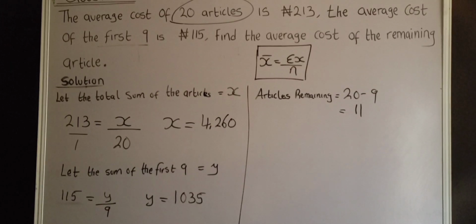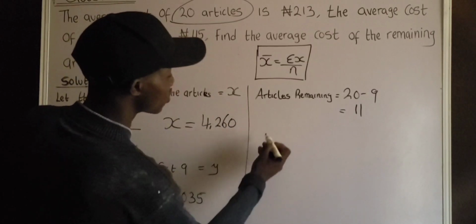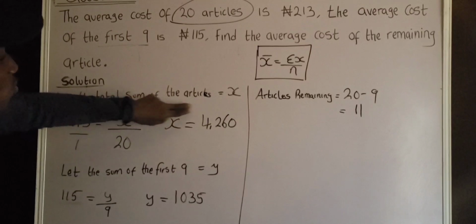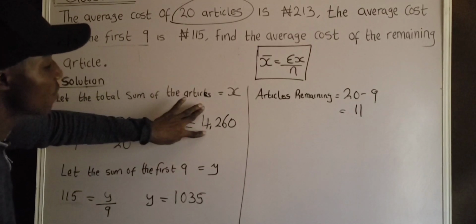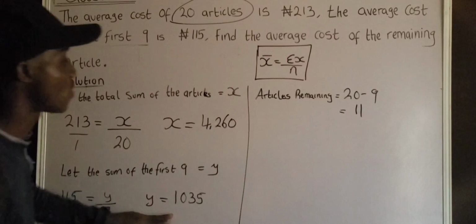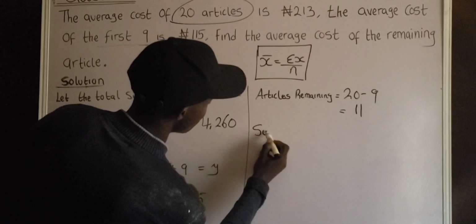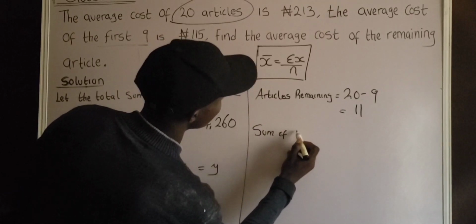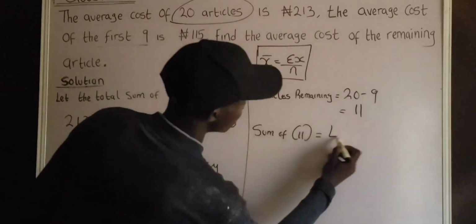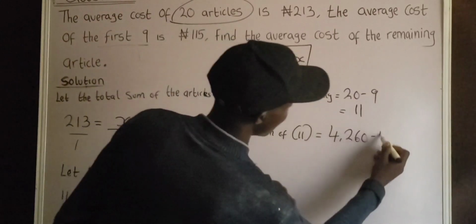So don't forget that the remaining articles is what? 11. So to get the sum of the 11 articles, we have to subtract the sum of the first 9 from the total sum of the articles, which is 4,260. So the sum of the remaining articles, which is 11, is equal to what? 4,260 minus 1,035.